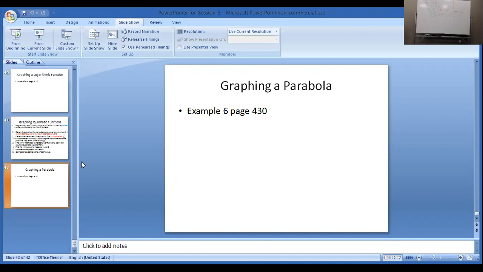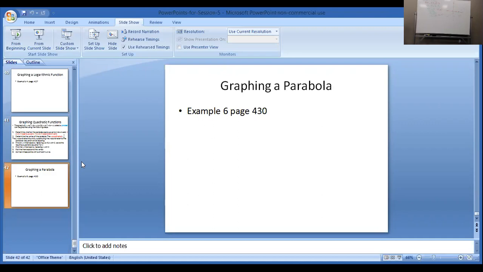And then we know that's the point, but we need to find both coordinates. We found the x for the vertex. We want to find the y for the vertex. If we put 1 back into that original equation, you get y equals minus 4.